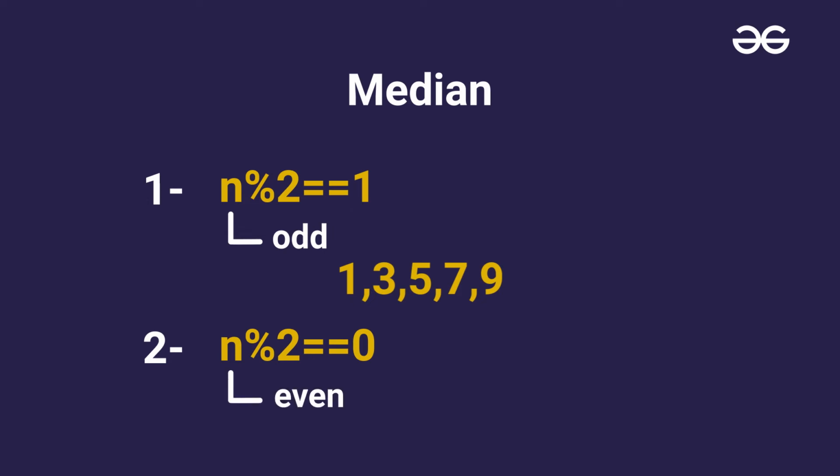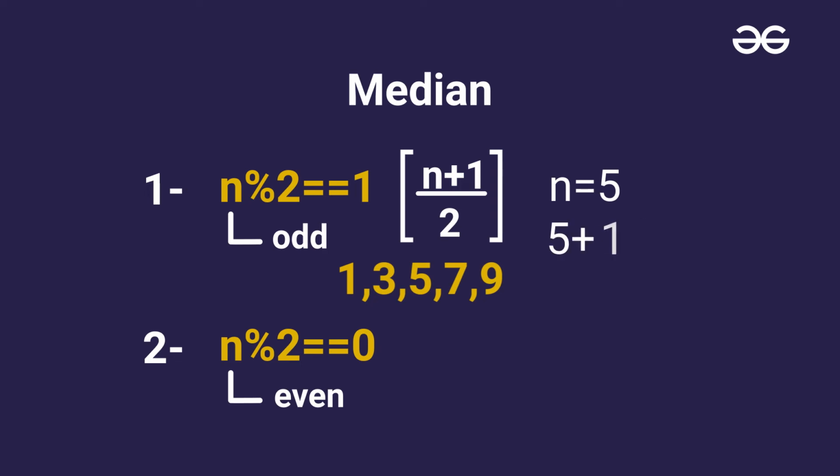If n is odd, then the median of the array would be the (n plus 1) by 2th element. In this case n is 5, which is odd. 5 plus 1 equals 6, 6 divided by 2 equals 3. So if we consider the first element to be the first, then the median would be the third element, that is 5.